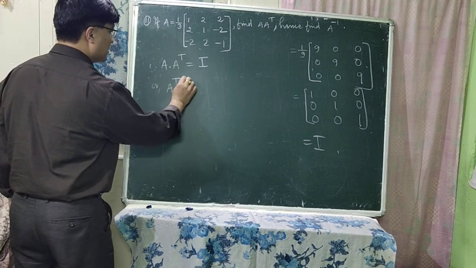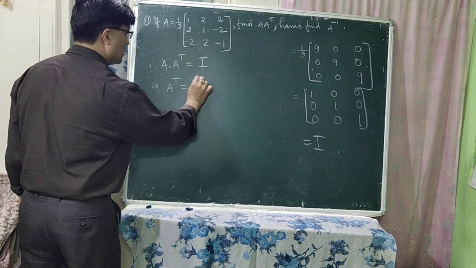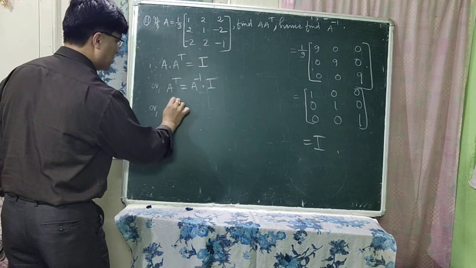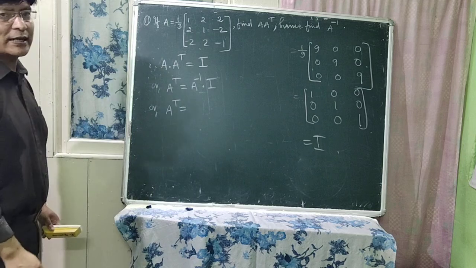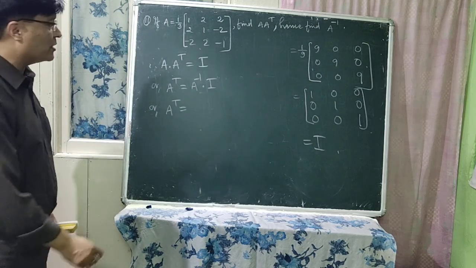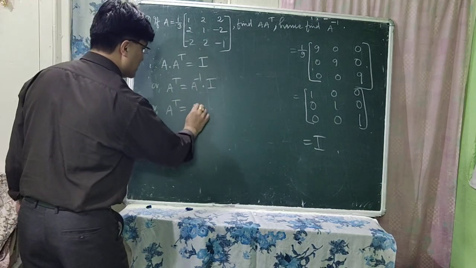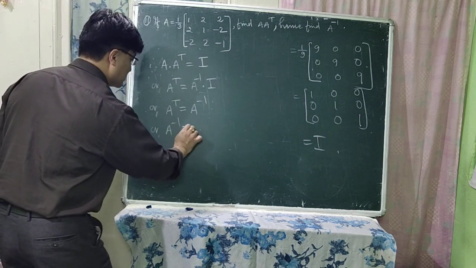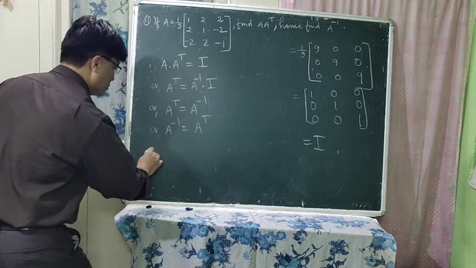So A transpose is equal to A inverse dot I. What is A inverse dot I from the properties of matrices? A inverse dot I is always A inverse, so you can write A inverse is equal to A transpose.